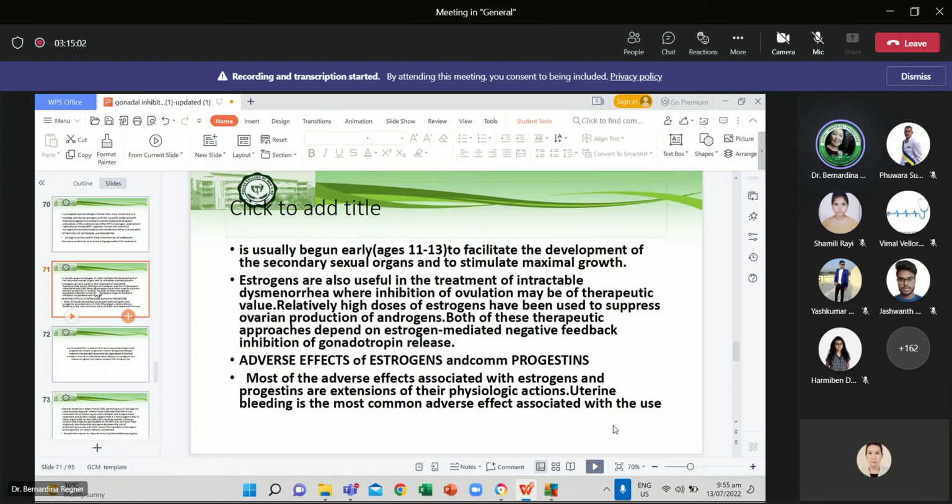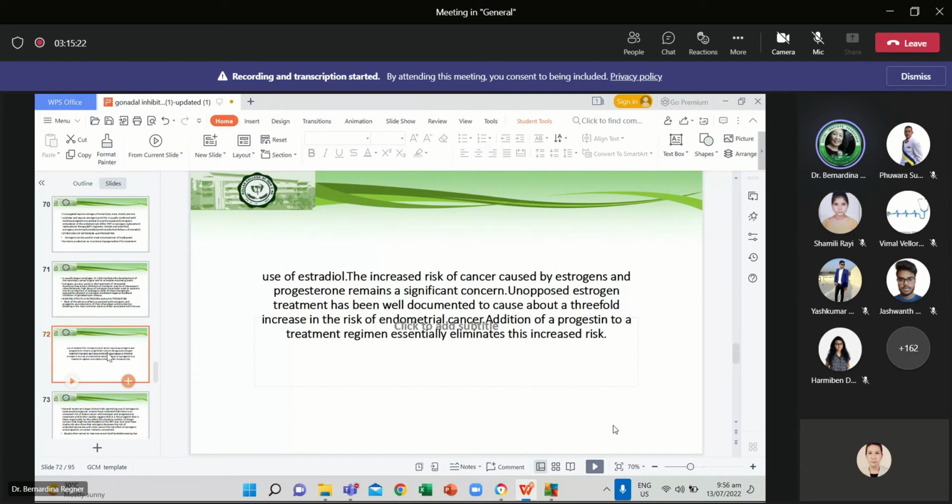Okay, so negative feedback. Now, what are the adverse effects of estrogens and progestins? Most of these adverse effects are extensions of their physiologic actions. Uterine bleeding is the most common adverse effect associated with the use of estradiol or estrogen. And then you can also have an increased risk of cancer caused by estrogens and progesterones.